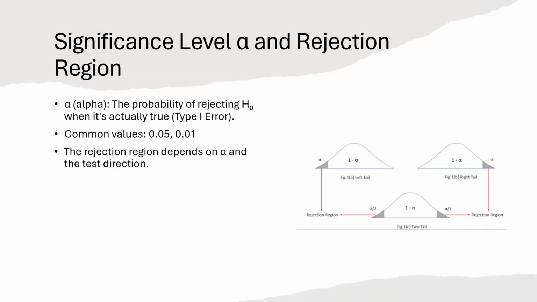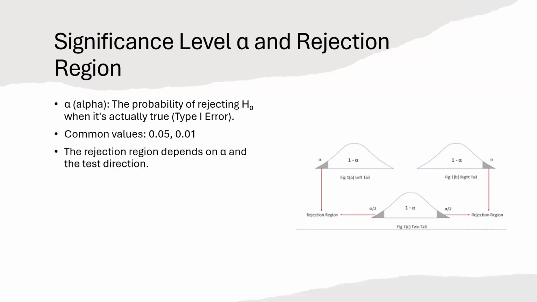It's like raising an alarm for an intruder, but it turns out that it was just your cat knocking over a lamp again. Common values for alpha are 0.05 or 0.01, depending on how cautious you want to be. An alpha of 0.05 means you're willing to accept a 5% chance of falsely rejecting the null, a pretty standard level in most scientific research and business testing.